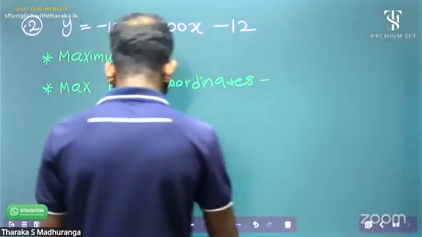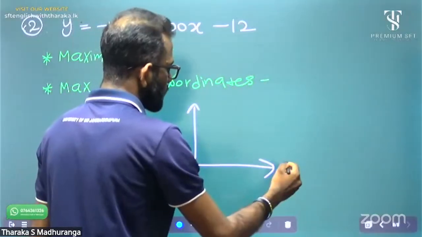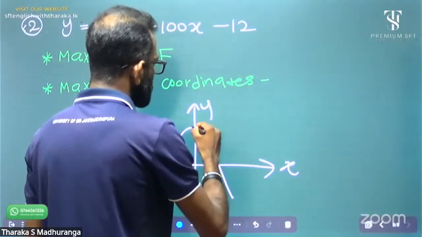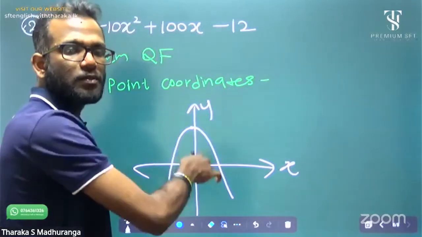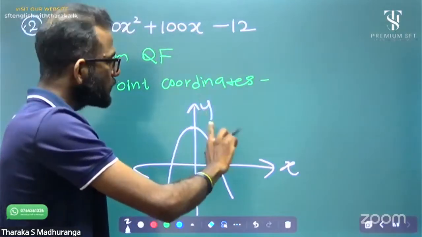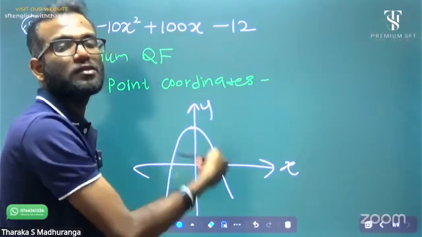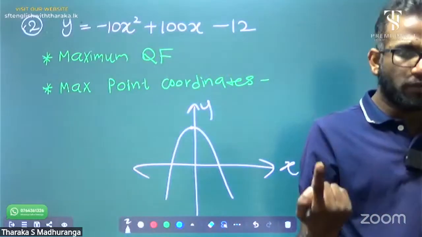See, if it is a maximum one, this is the x and this is the y axis. If you get this type of graph, the turning point is a maximum point. That's why we call them turning point coordinates. Maximum point coordinates are the turning point coordinates.